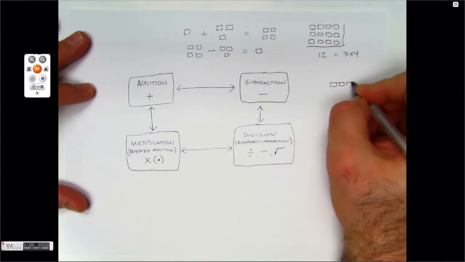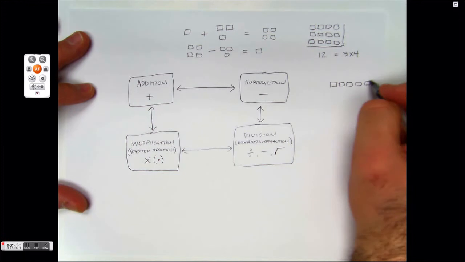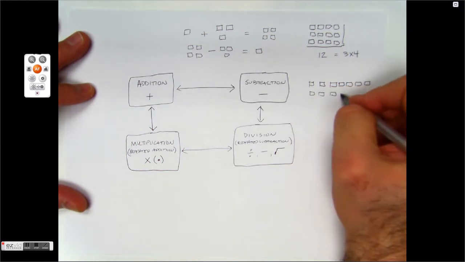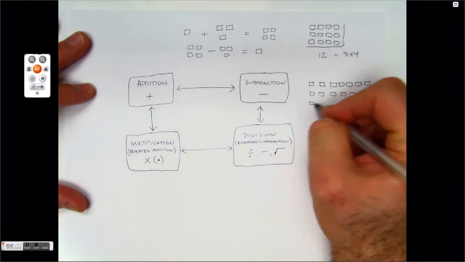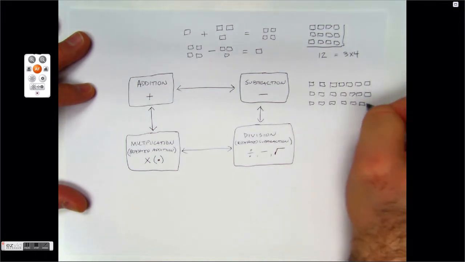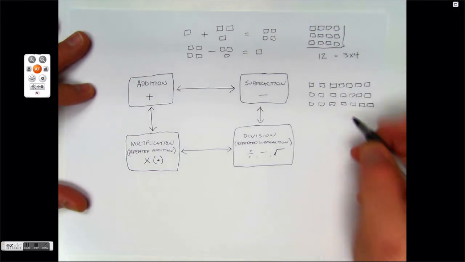So this is interesting because it makes subtraction more efficient. Again, let's say we had something like this. I'm going to do a couple of rows of 7 here. All right, let's say we were going to take this quantity and distribute it among 3 people.